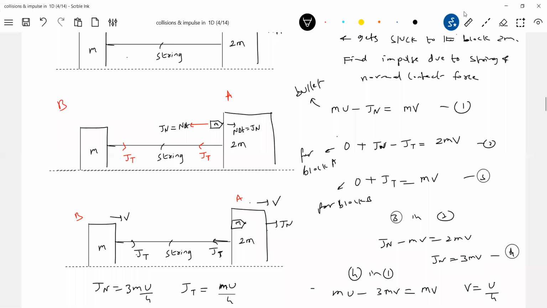Once the bullet comes to rest, the normal contact acting between the bullet and block should not be taken as an impulse. I'm making things very clear. You do get conceptual questions where you should have an idea. The coefficient of restitution between them, e equal to 0, since it comes, collides and gets stuck to it.